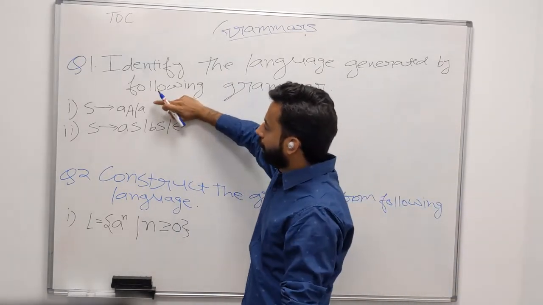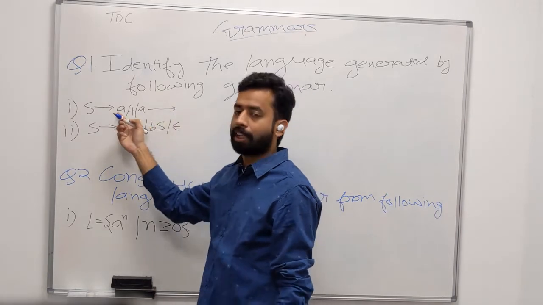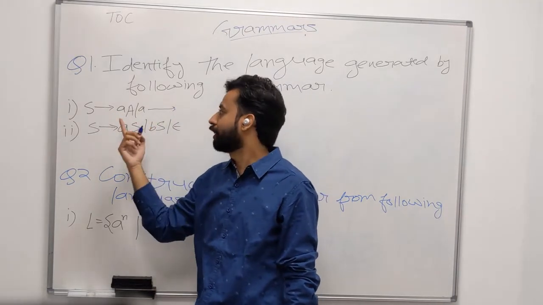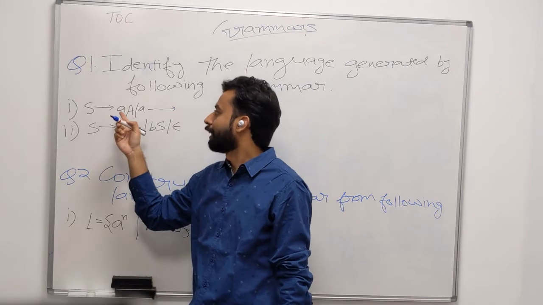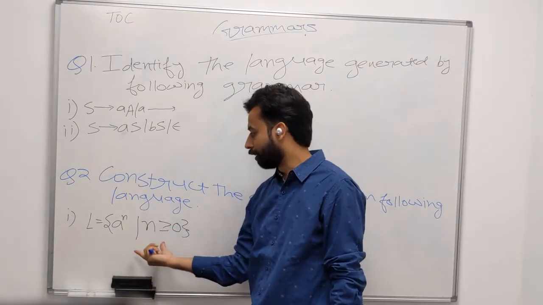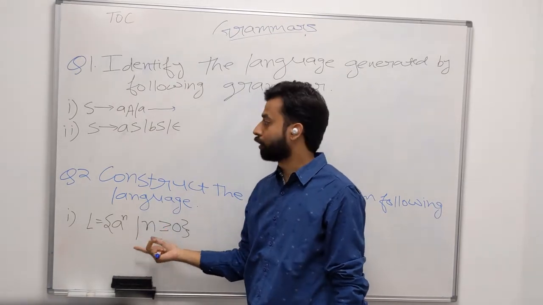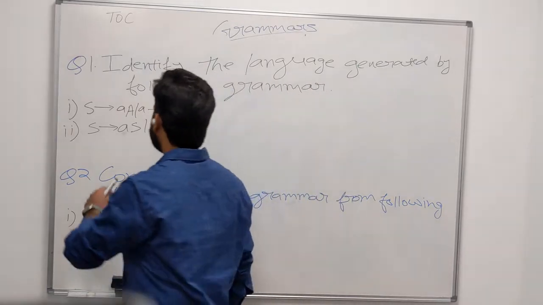So here there are two grammars written, so let's talk about this grammar first. From this grammar you have to identify which kind of language is getting generated. And for the other question, there is one language written, so you have to form one grammar for this language. So let us solve this question first.